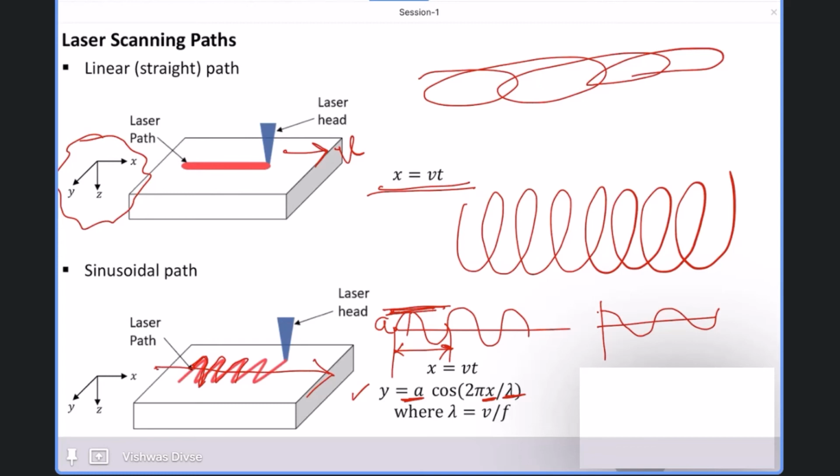Think on each slide how I am developing the equations, and lastly I will show where this will fit in the subroutine. So the whole dots will be connected, and finally we'll have a very good user subroutine that you can customize at any point for your own interest, so that you can create your new understanding, new research. So from basic understanding to research publication, this course will help you.